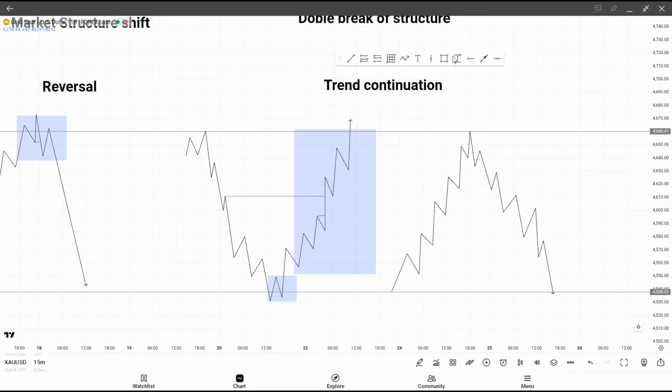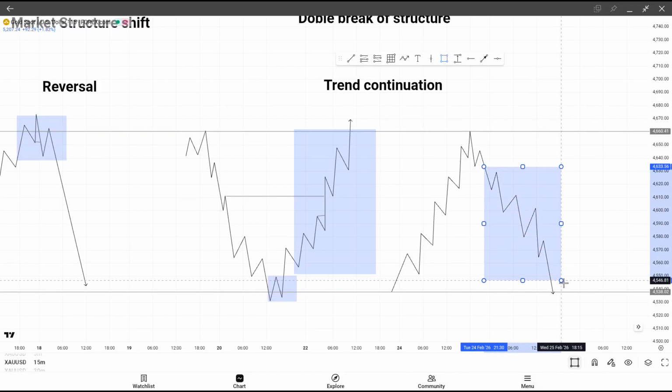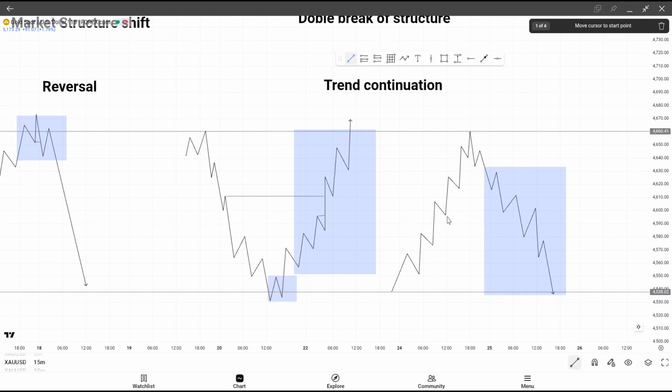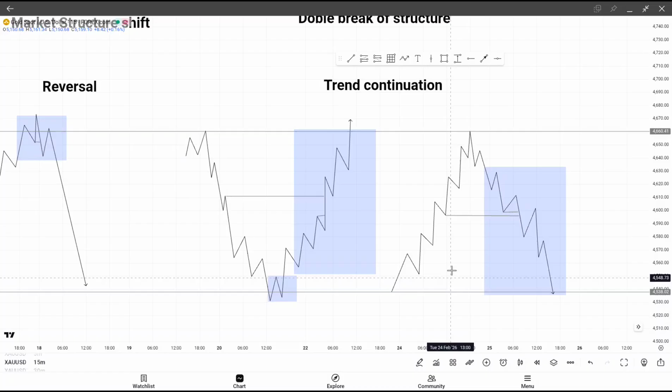Do you understand? So in this place, you don't have to look for another market structure shift again. You only look for double break of structure because it's for trend continuation. Until what? Until you take the lower part of the trend. I want you to understand the point.